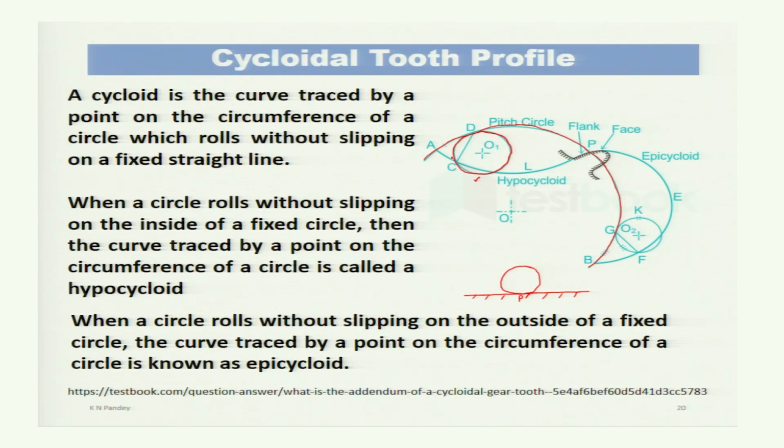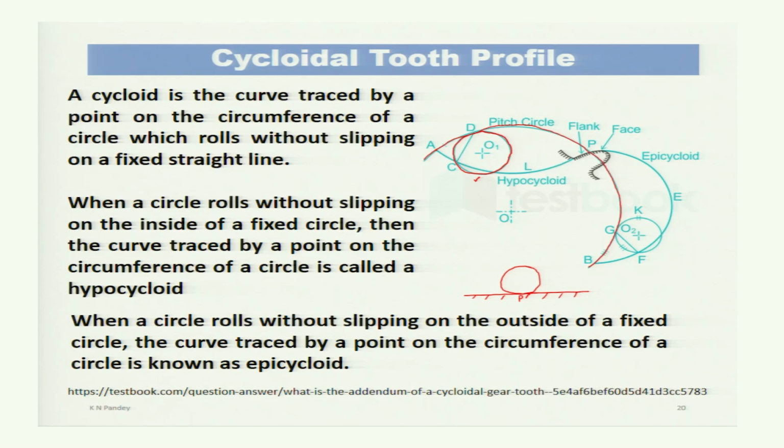Let the circumference of this circle touch the fixed circle at A. When this inner circle rolls, the trace is this AC. So, this is a hypocycloid.